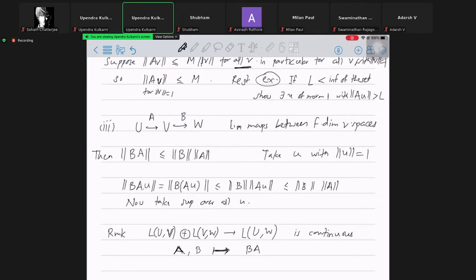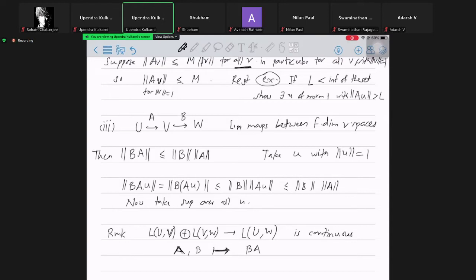That of LVW is LM. So what is the dimension of the direct sum? Sorry, the sum. The dimension of the direct sum of two vector spaces is whatever is the dimension in the first slot plus whatever is the dimension in the second slot. Likewise, the right hand side will have dimension the product of two of those numbers. So it is KL plus LM to KM. Whatever be the case, it doesn't matter. It's just a couple of numbers, right?